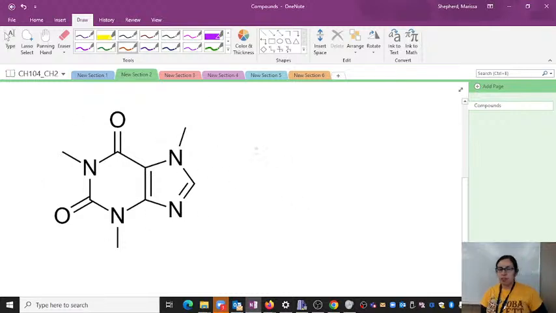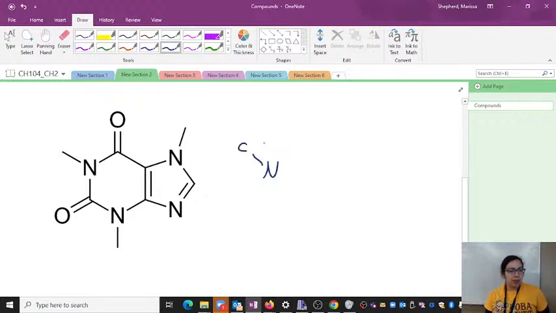This is more complex, and not to completely overwhelm you, but we can go over how to interpret this. Each one of these points here, either terminal or this little point here, represents a carbon. Actually, let me redraw this because that'll be easier for clarity.